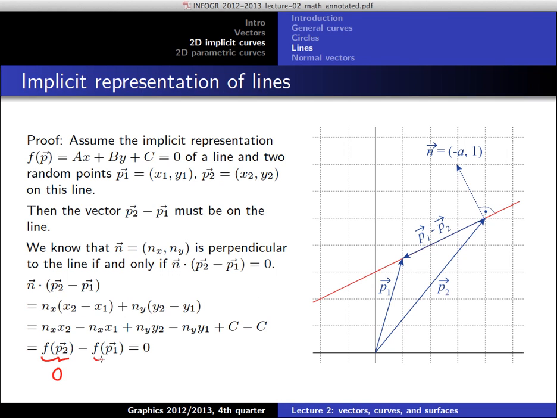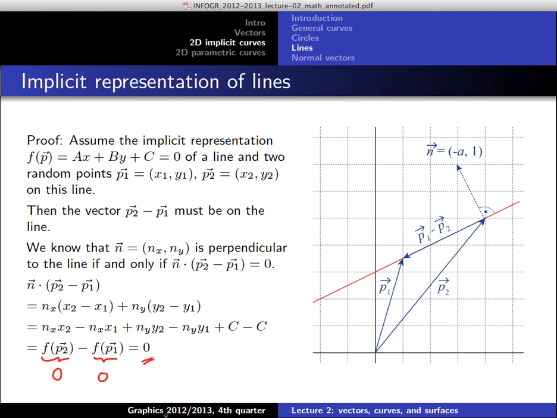The same is for the other point, that must also be 0, so the whole equation here becomes 0, which means that, of course, the scalar product is 0, which means that these two vectors are indeed perpendicular to each other.